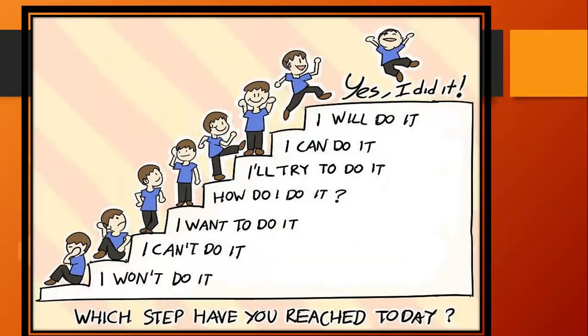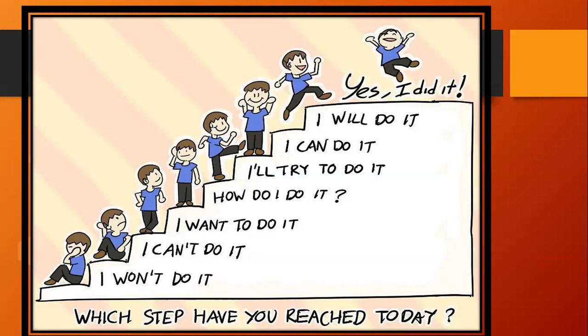Okay, I saw some very beautiful things, so I would like to share that with you. There are different stages of learning and attitude. The first step is I won't do it, then I can't do it, I want to do it, how do I do it, I'll try to do it, I can do it, and I will do it. Yes, I did it. You know, I Did It is also the title of your book.